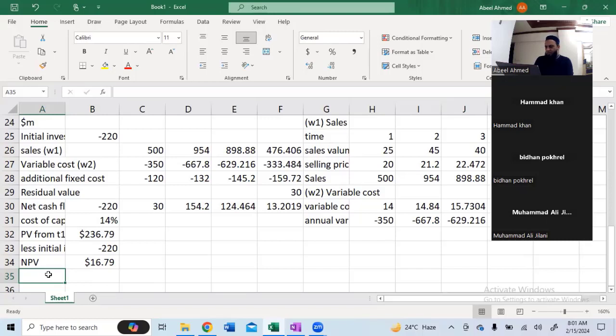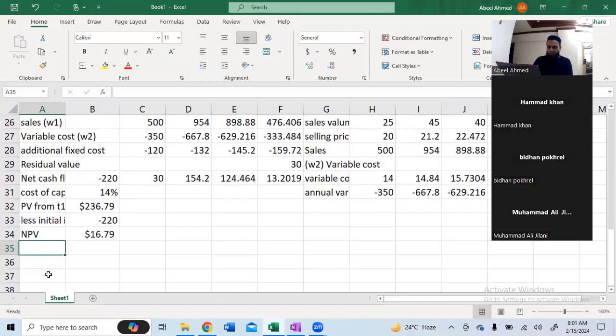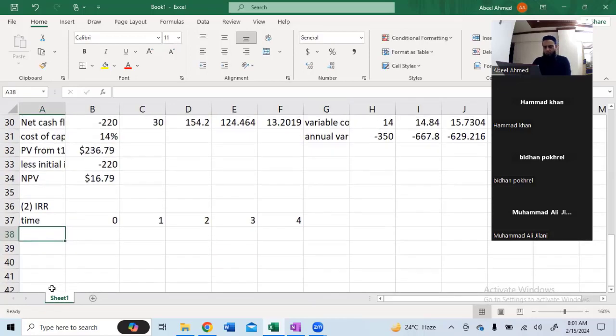We have to calculate IRR as well. Now, please look at the shortcut which is available in exam. Requirement 2. Let's calculate IRR. Just take the cash flows. 0, 1, 2, 3, 4, and that's it. Yeah, you will be using the shortcut, don't worry at all.